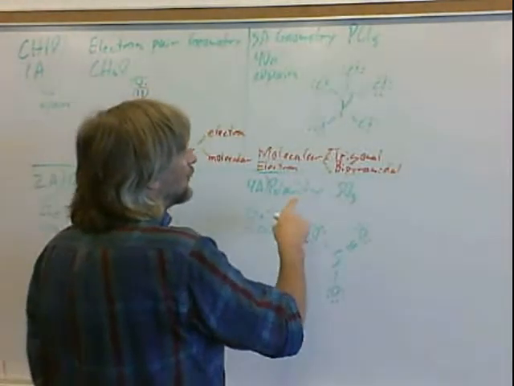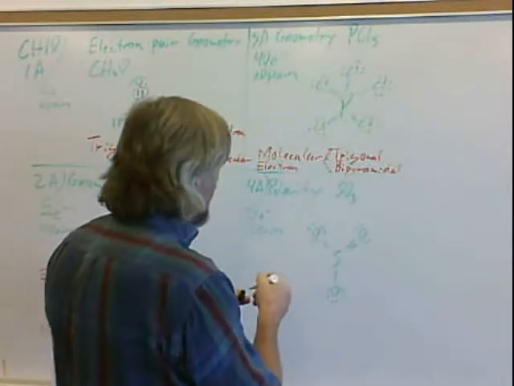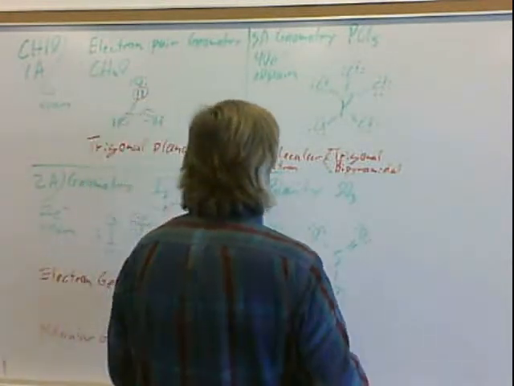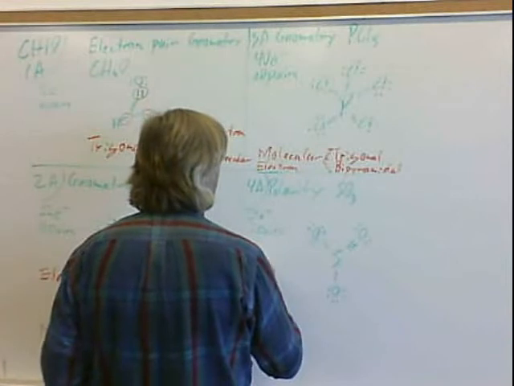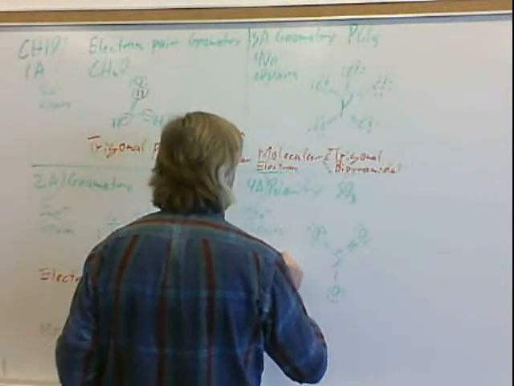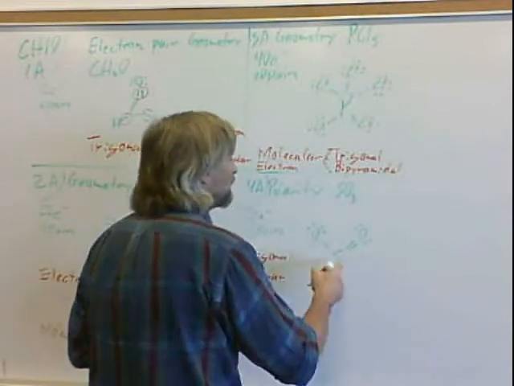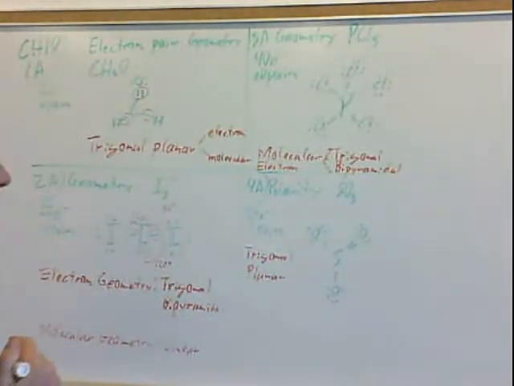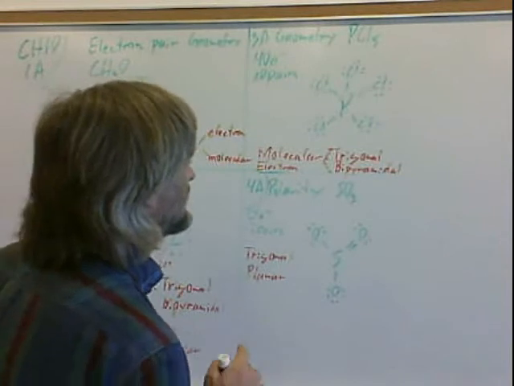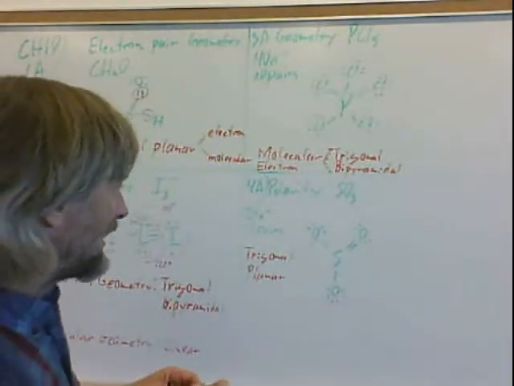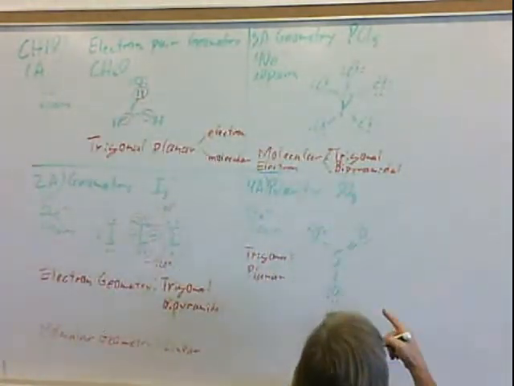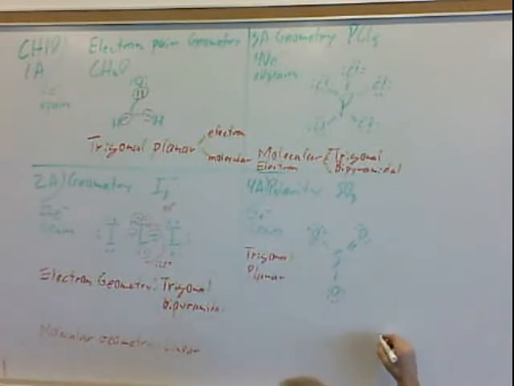So for the polarity, this geometry is going to end up being a trigonal planar geometry. And it looks like that one oxygen is going to be different from the other oxygens, but we're going to have resonance structures, which will make all 3 oxygens identical by having that double bond migrate between all 3 oxygens.